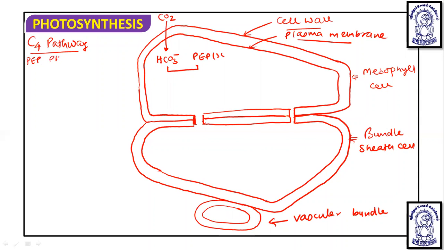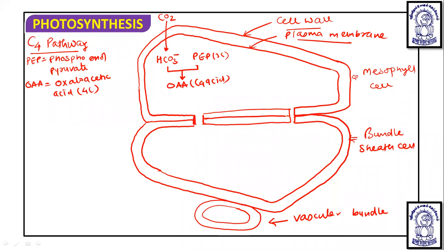PEP is phosphoenol pyruvate and it is of 3 carbon. Now when PEP reacts with HCO3 minus, the fixation will occur and it forms OAA, that is oxaloacetic acid, which is a C4 acid. It is of 4 carbon. So OAA, oxaloacetic acid, is of 4 carbon, because of that we call it a C4 acid.